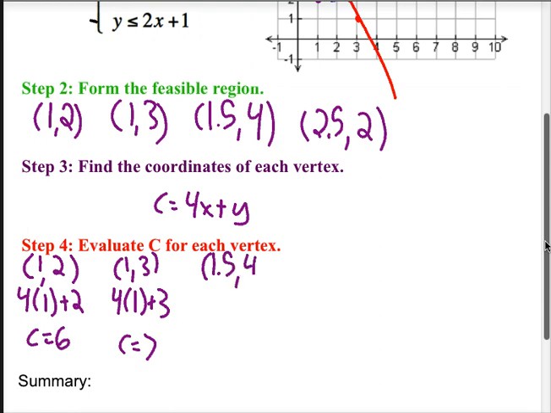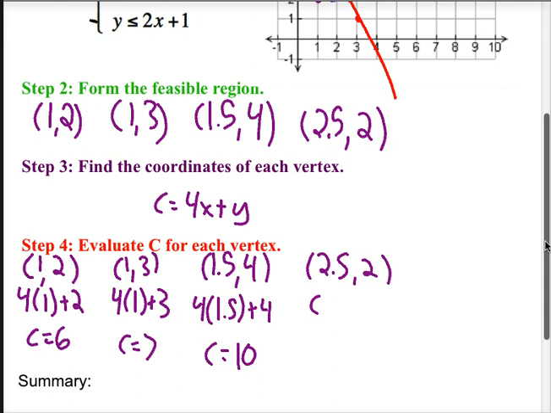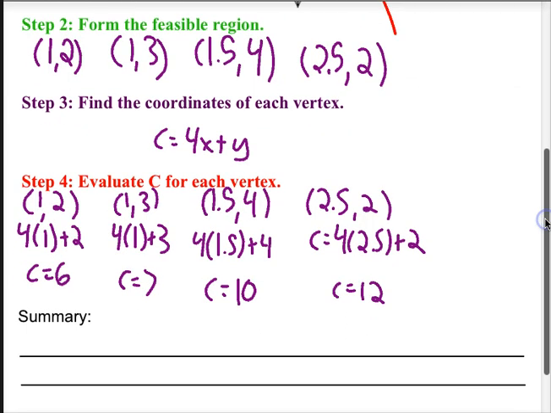For my 1.5, 4, well, 4 times 1.5 is 6, plus 4 is 10. 4 times 2.5 is going to be 10, plus 2 is going to give me 12. So then I'm evaluating this. My max is going to be here at 2.5, 2. My min is going to be at 1, 2.